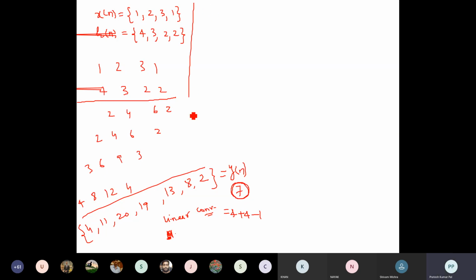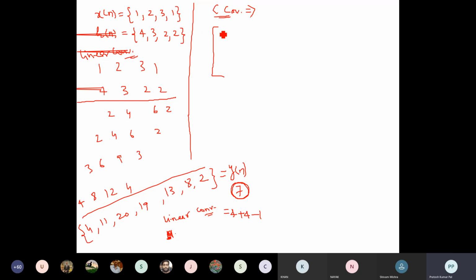Similarly, we will find out the circular convolution. Okay, like if these two signals are given, so this is your linear convolution. Now we will see circular convolution. So to find out circular convolution, what we do is we will use the matrix method. So in that matrix method, the first sequence, any sequence we can change it.